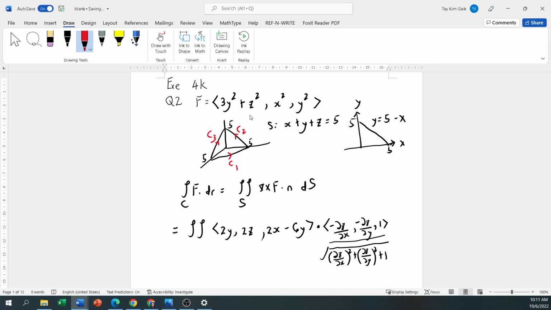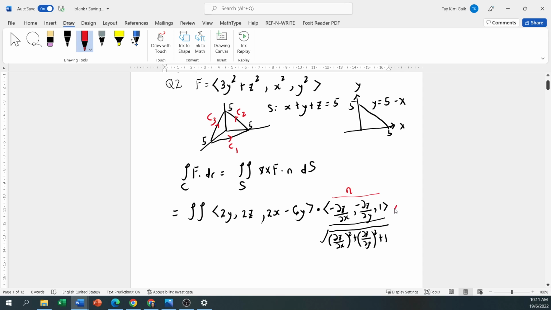And dS, the formula is the square root of (∂z/∂x) squared plus (∂z/∂y) squared plus 1, dA over region R. Surface S is in 3 dimensions, so dS will change to 1 unit of the surface.